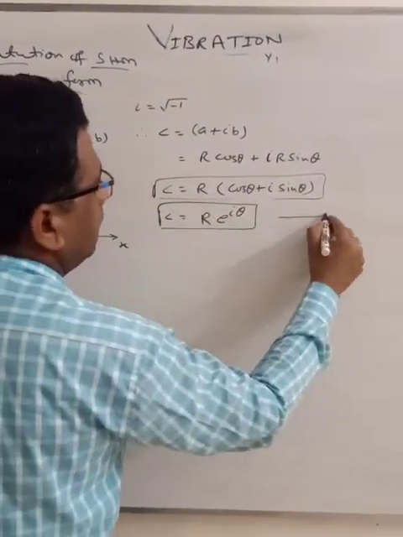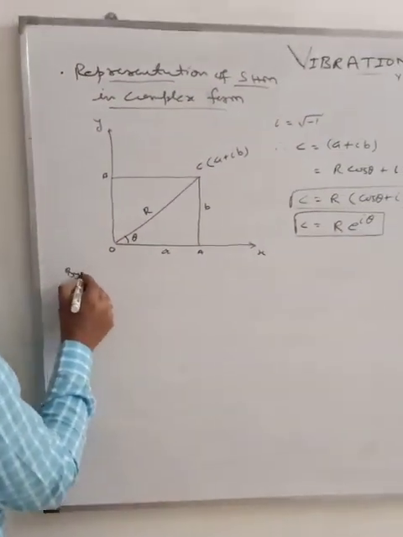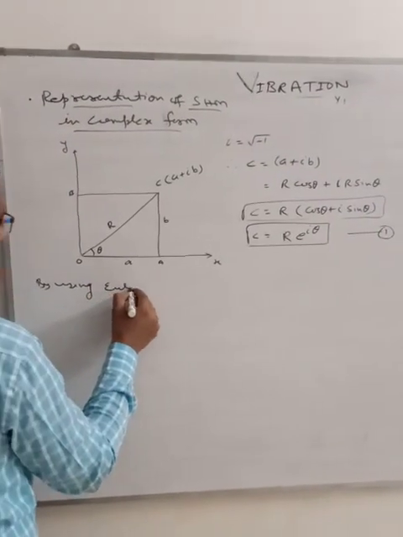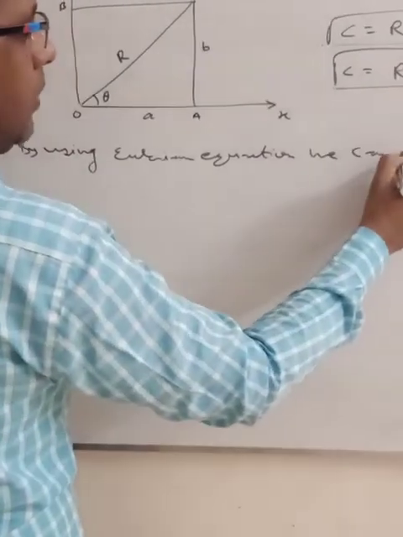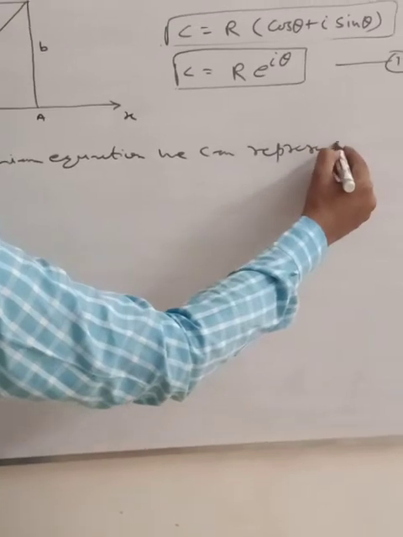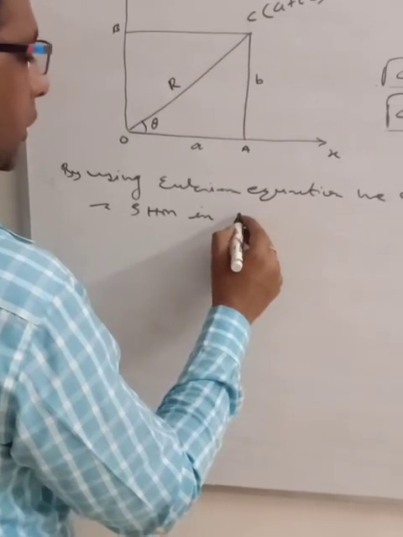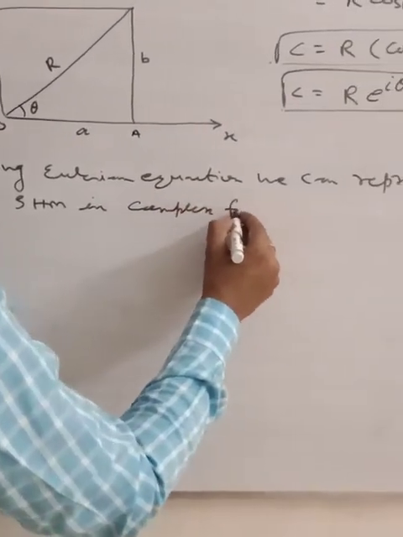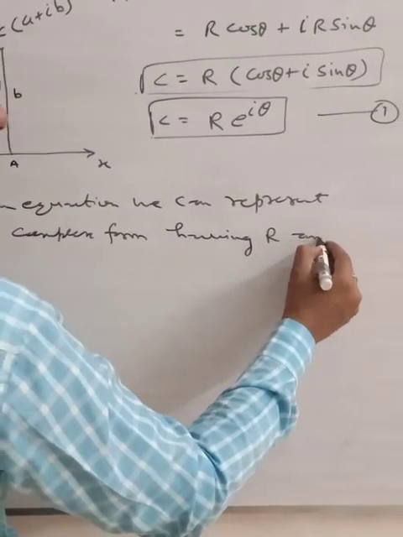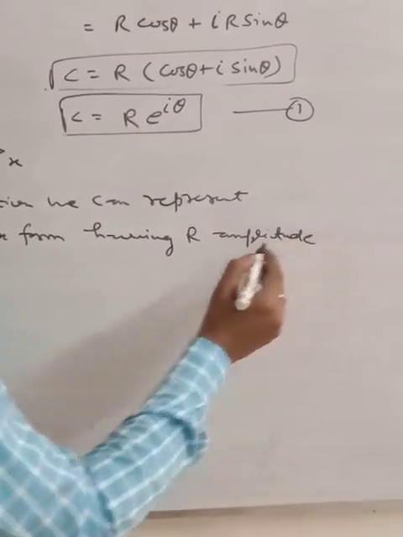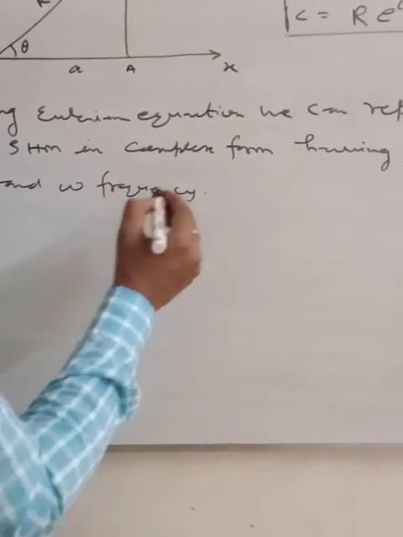By using this Euler equation, we can represent a simple harmonic motion in complex form having R as amplitude and omega as frequency.